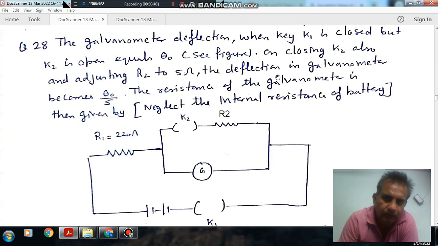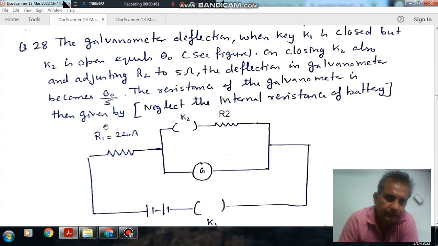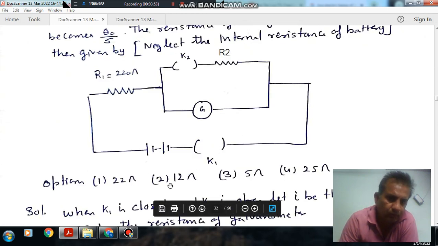The deflection in the galvanometer becomes theta naught by 5. The resistance of the galvanometer is given by, neglect the internal resistance of the battery. Options are 1, 22 ohm; 2, 12 ohm; 3, 5 ohm; and 4, 12 ohm.